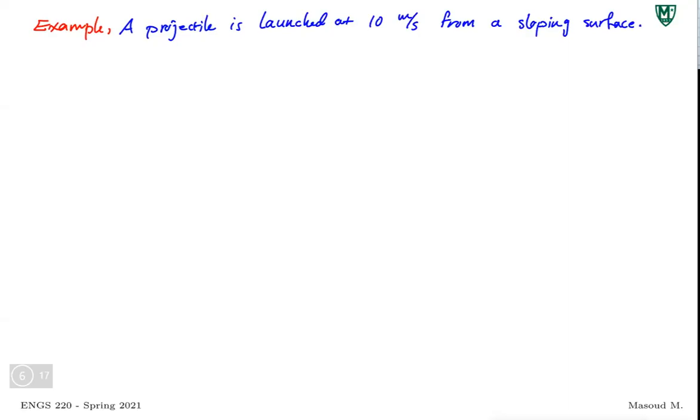The angle alpha is equal to 80 degrees. Find the range R. So here is the situation.